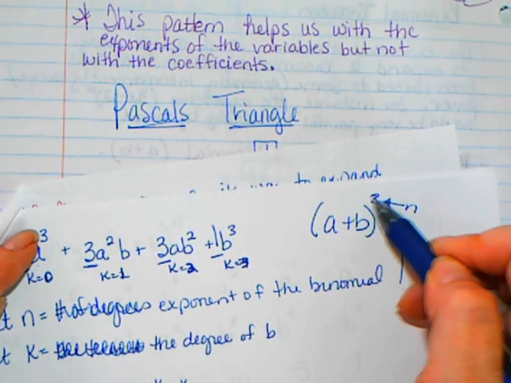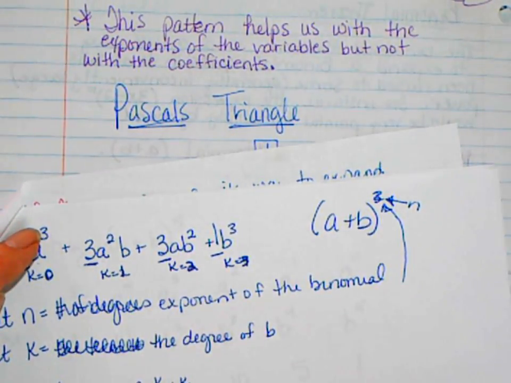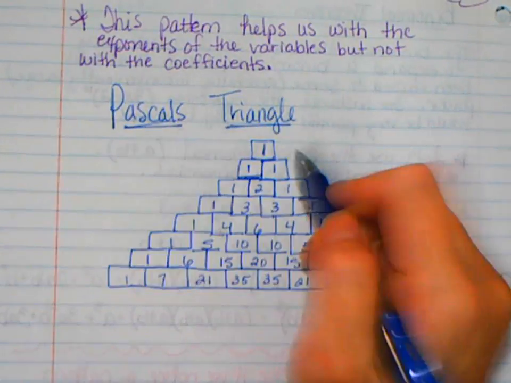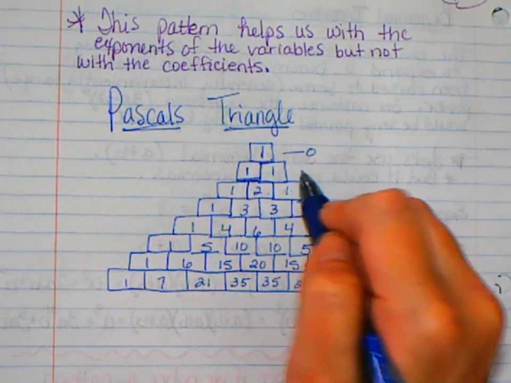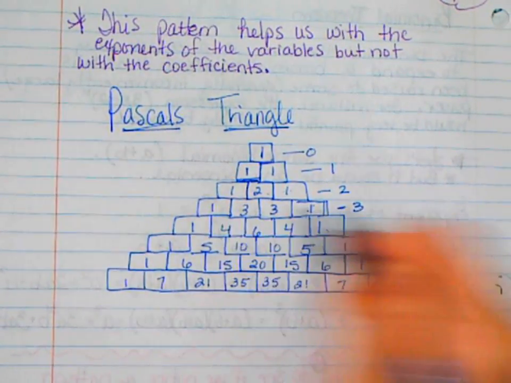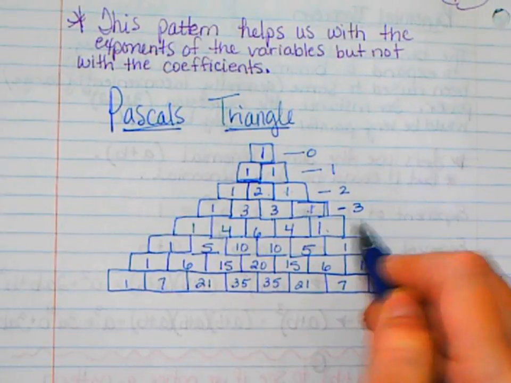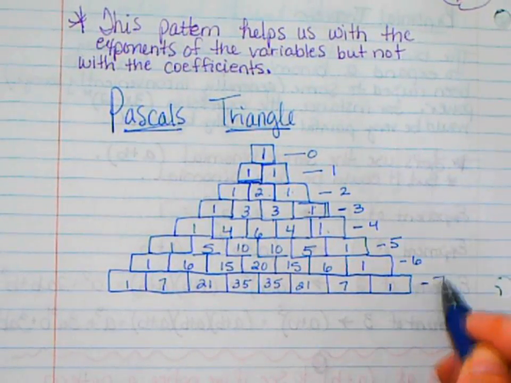Because it was 3rd degree, we're going to go down to layer 3, and that's how we're going to find our information. So again, we call the first layer layer 0. Starts at 0, so 0, 1, 2, 3. So for 3 degrees, we get our coefficients from there. 4 degrees, 5 degrees, 6 degrees, 7 degrees.